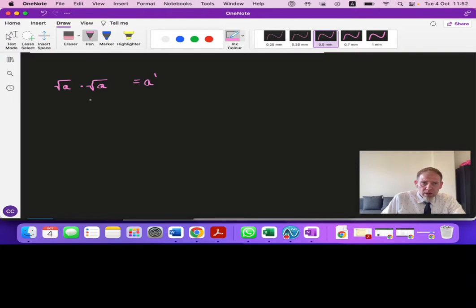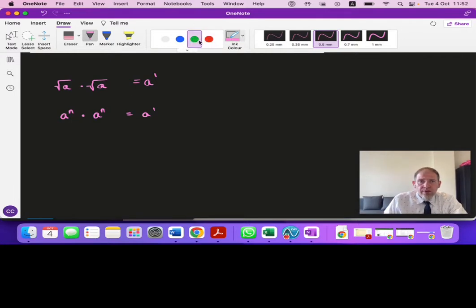Yeah, that makes sense. We can make that work. So if I wanted to, I could rewrite this as an index. Now we already know what the index is going to be, but let's say that we don't know what that index is. And let's just rewrite this as a to the nth times a to the nth. And I'm saying that this is still going to be equal to a to the first power.